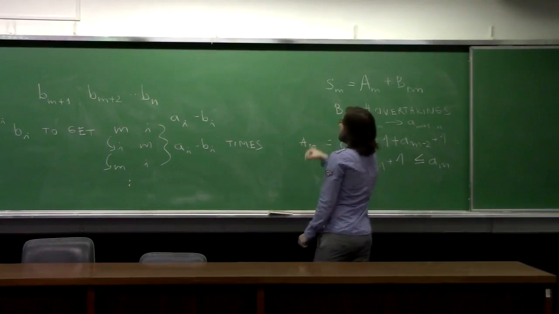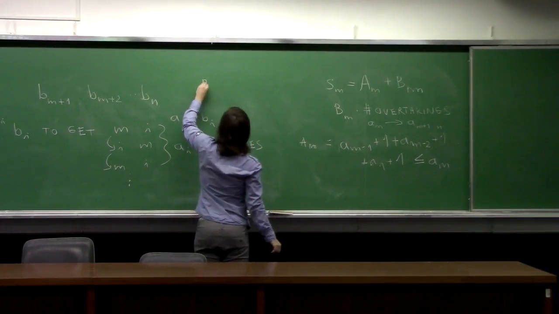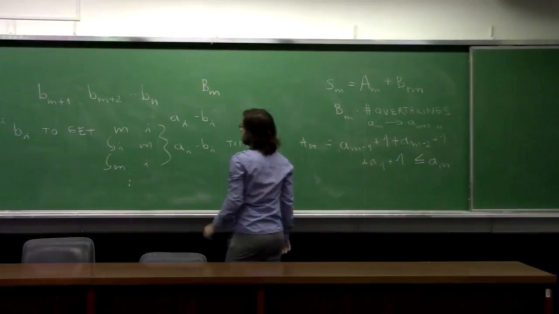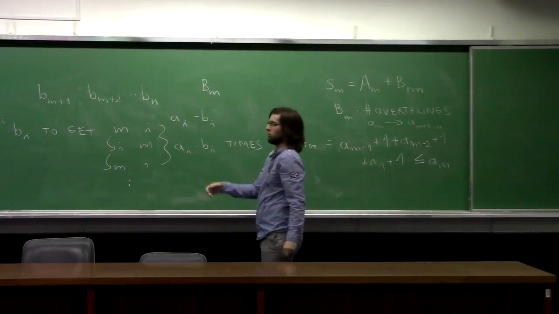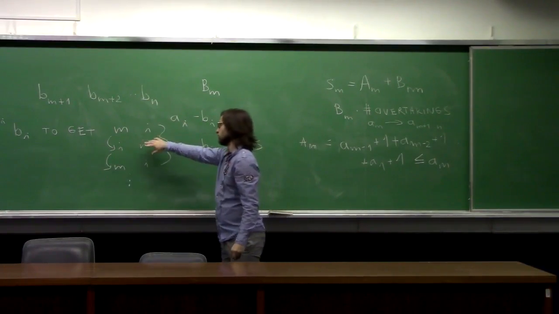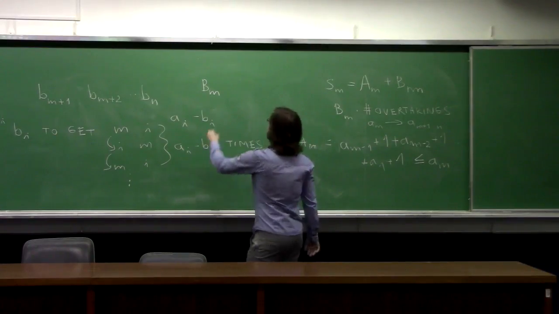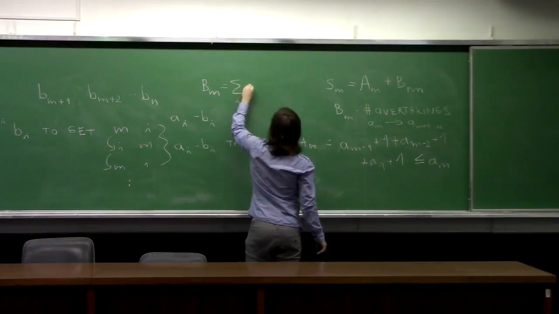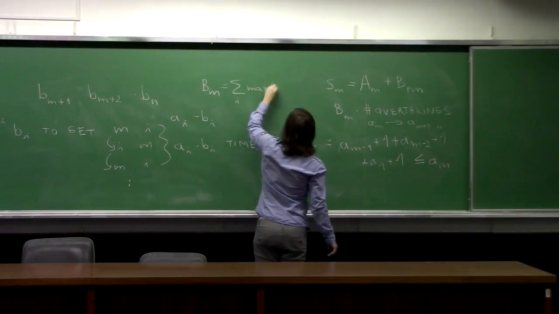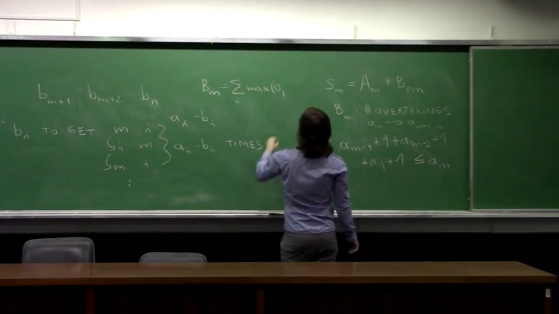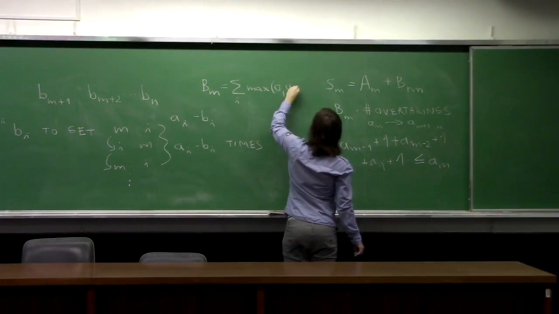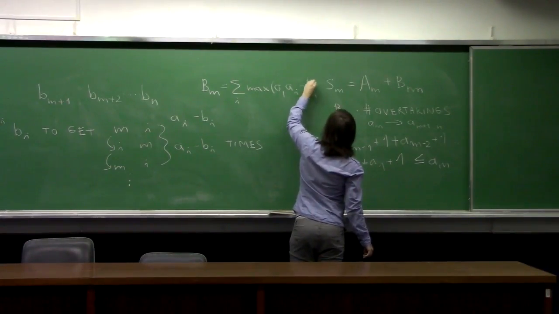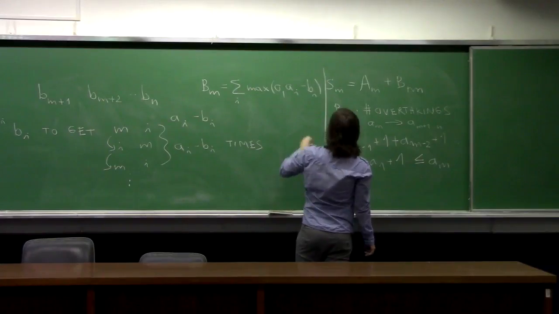So uppercase BM. Of course, if BI is smaller or equal to AI, then there is no way to do this any number of times. So BM is equal to the sum over I of max of 0 and AI minus BI.